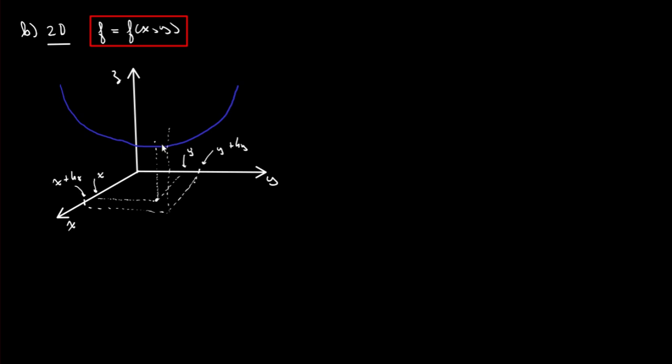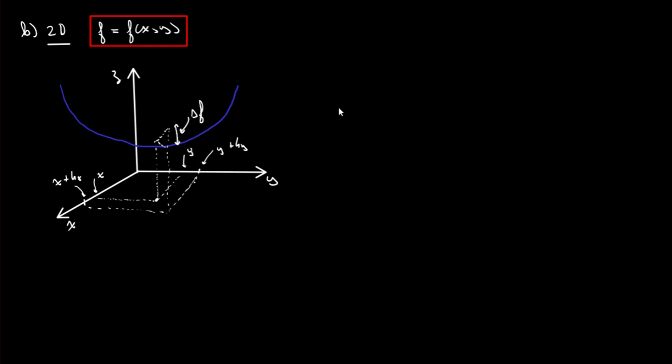If we try to be a bit careful about how we're drawing this, again, the function is going to change by an amount delta f. And again, we have a similar pattern to before.